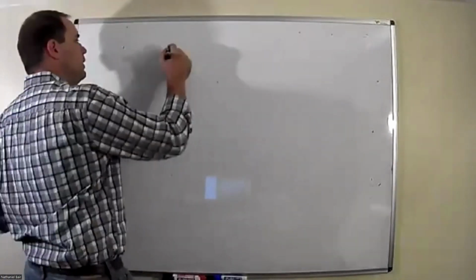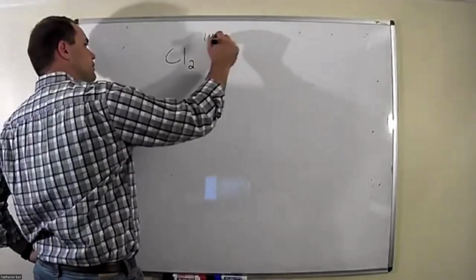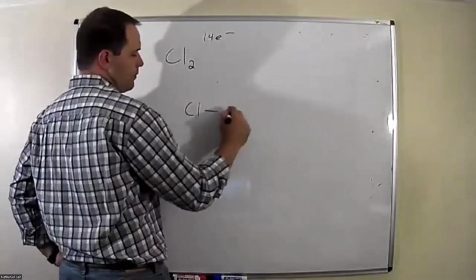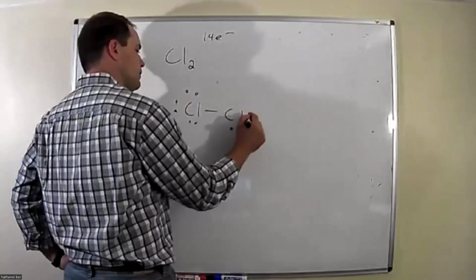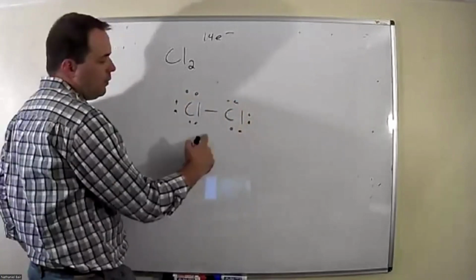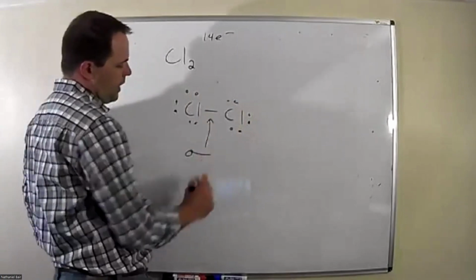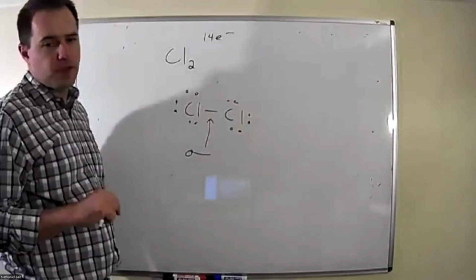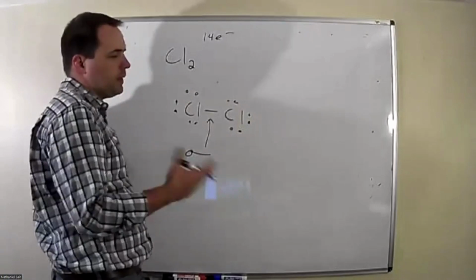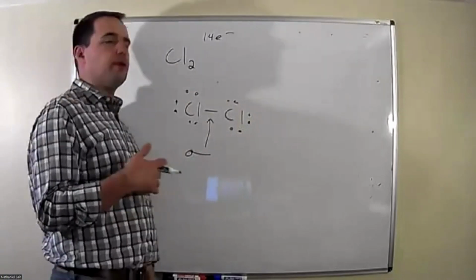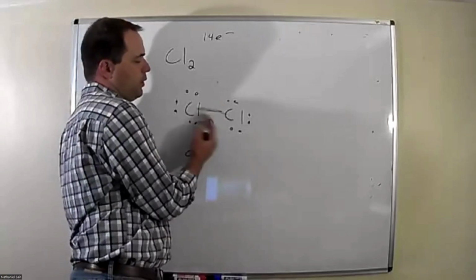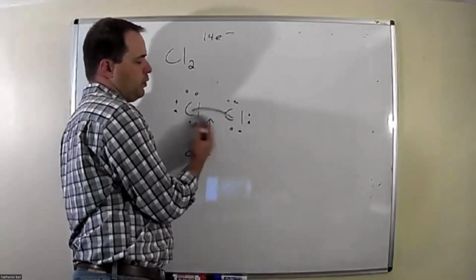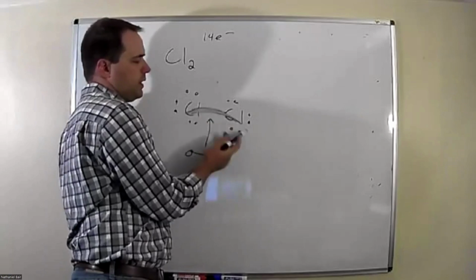So for example, if I draw Cl2, when you have a single bond, automatically the first bond is always a sigma bond. Okay, if electrons can be shared between the two atoms, they're going to do it. So these two electrons are going back and forth, directly back and forth between the two atoms. That's what makes it a sigma bond.